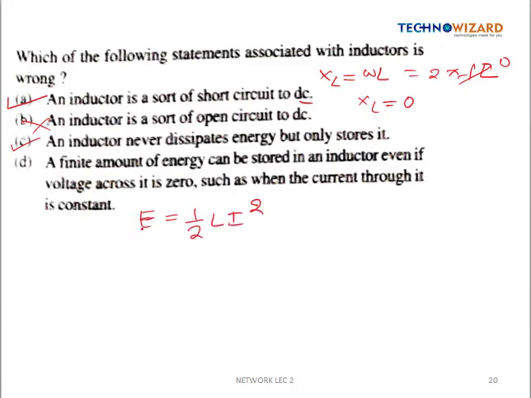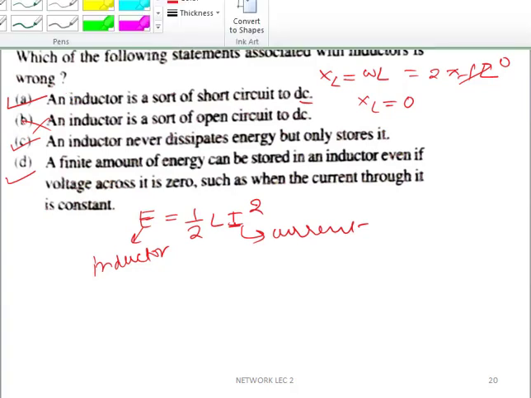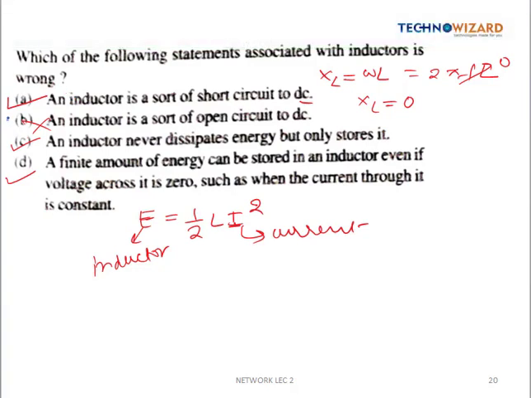So energy stored in the inductor depends on the value of current flowing through it, not on the voltage, so definitely it will store some energy if the current is flowing through the inductor. So this option is also right. In this question we need to find out the wrong statement, so the wrong statement is option B, so option B is correct, right?